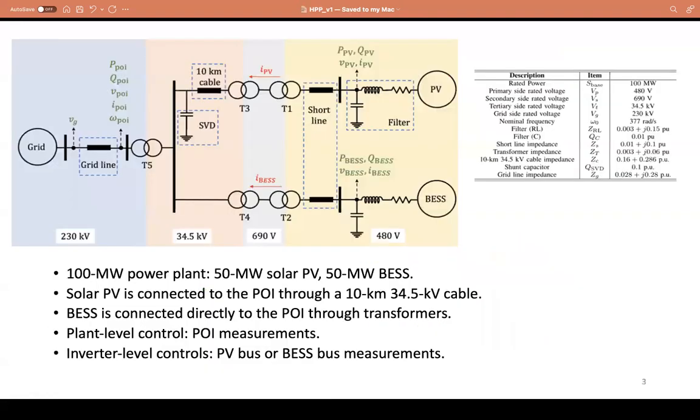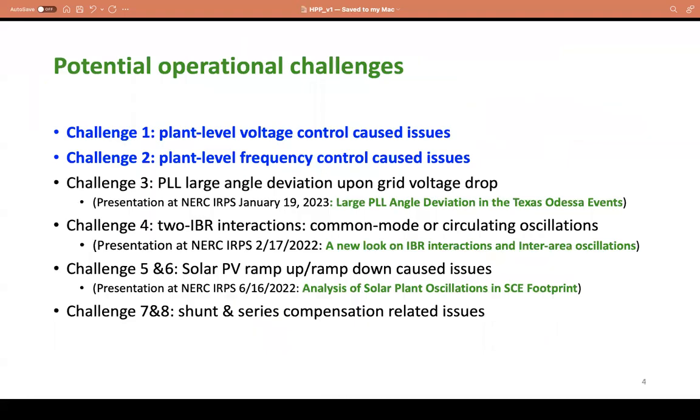In fact, there are lots of operational challenges. The paper covers a total of eight, and today's talk will focus on challenges 1 and 2. The rest are documented in the appendix. Some of them were also covered in a previous presentation to NERC, like the PLL large angle deviation upon grid voltage drop.